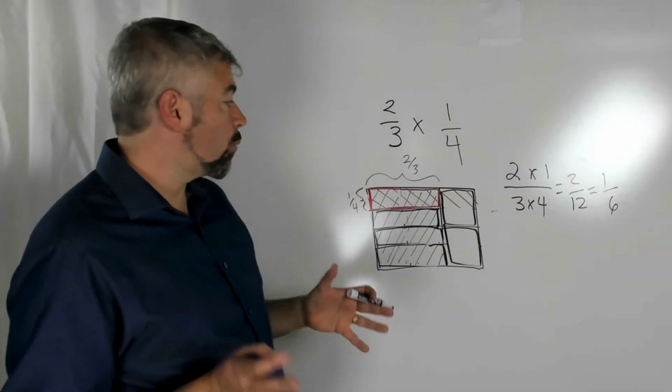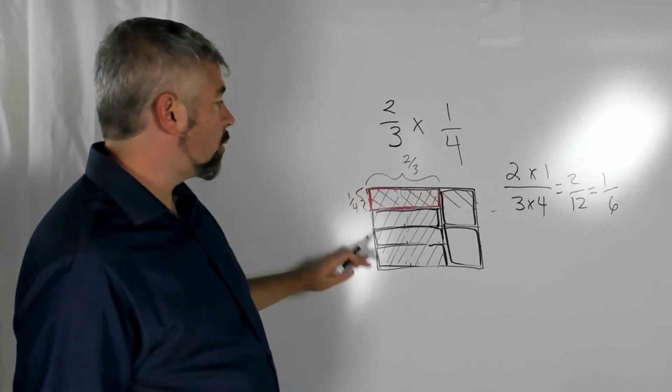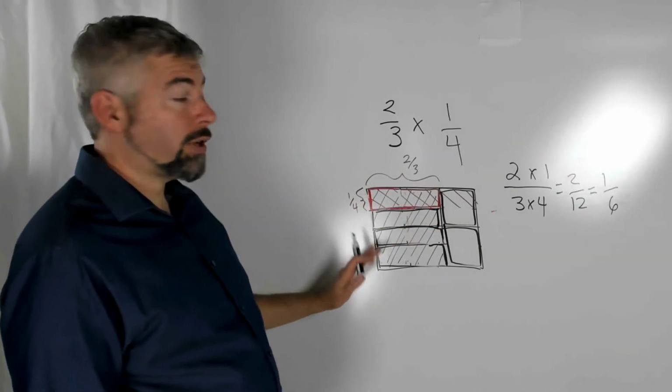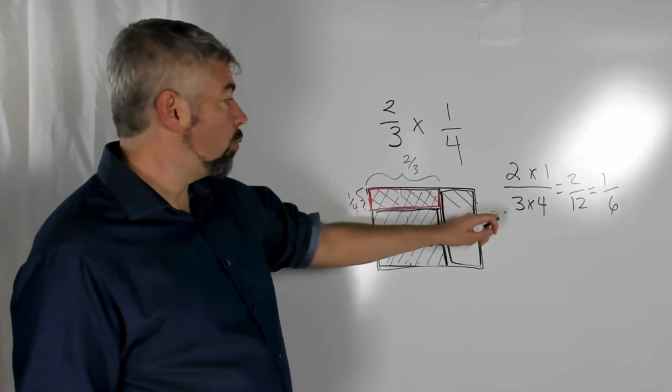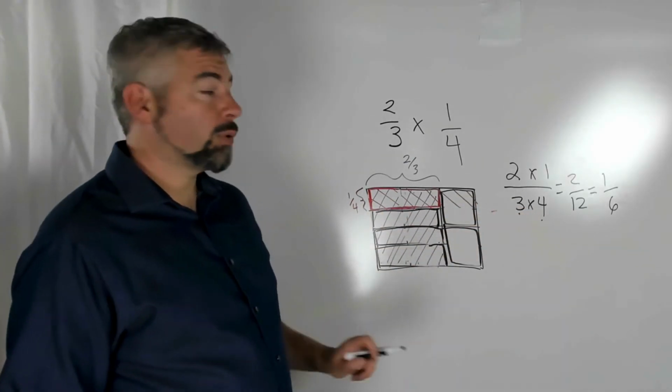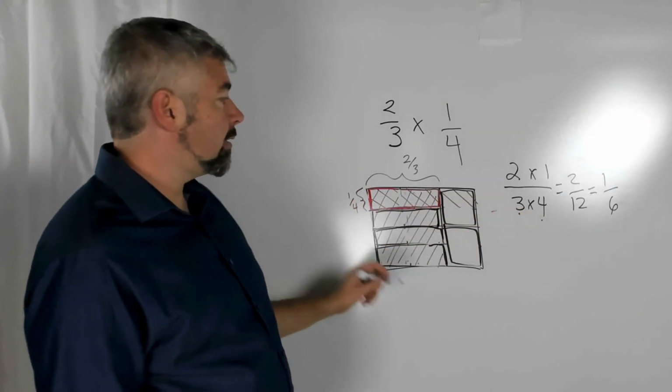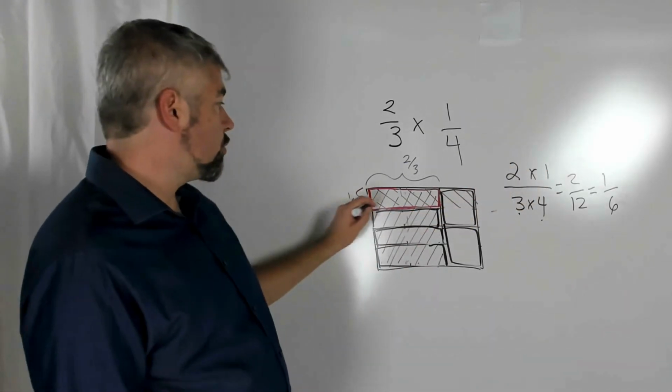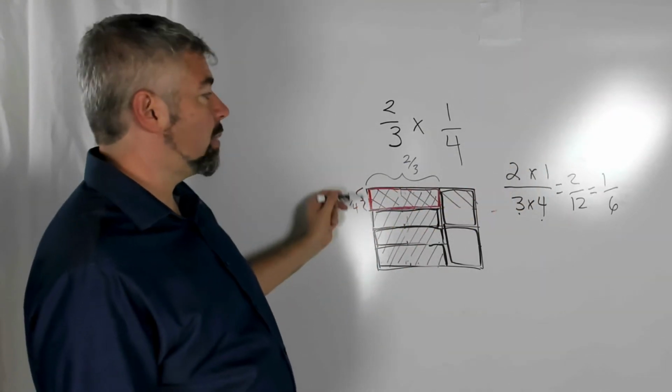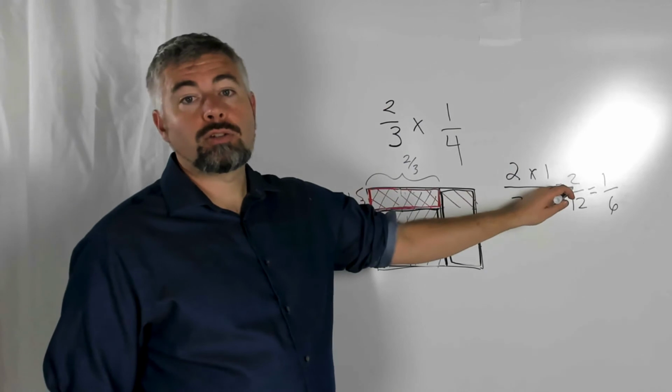Now, the reason that works, we can see this very clearly. When we had 4 boxes down and 3 boxes across, we multiplied 3 by 4 to get our total boxes, and we multiplied our 2 boxes across by our 1 box down to get our total of 2.